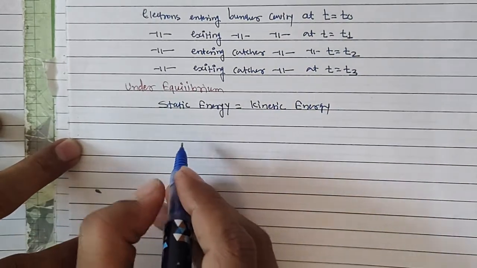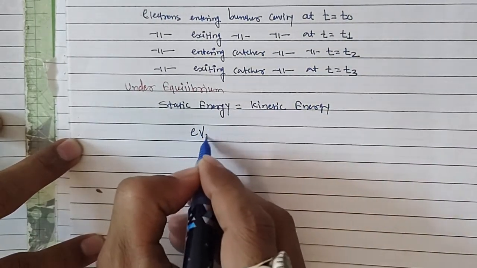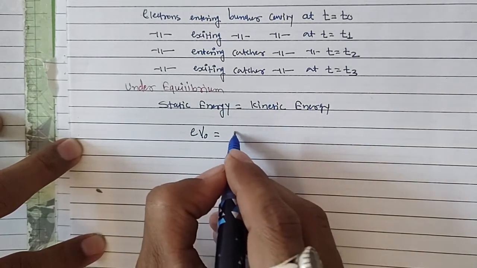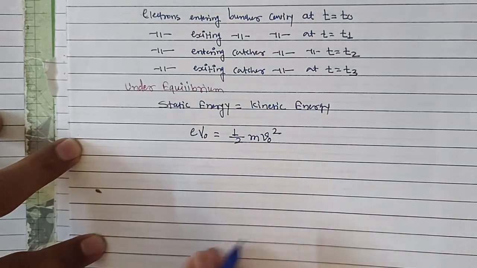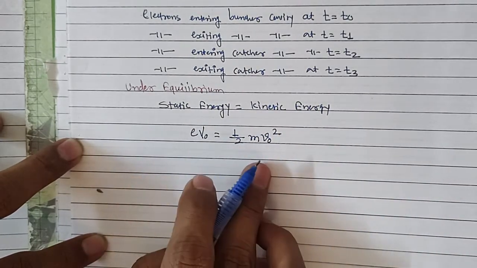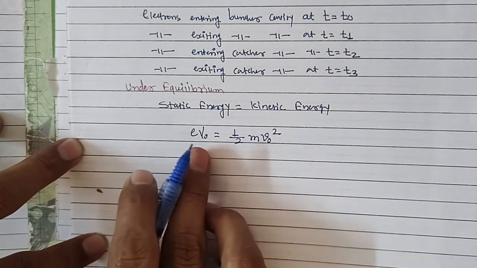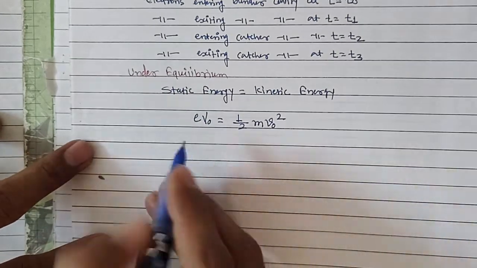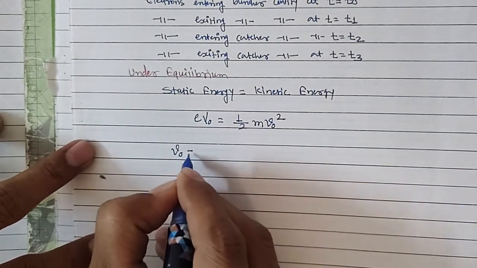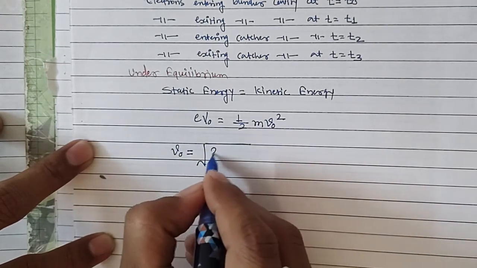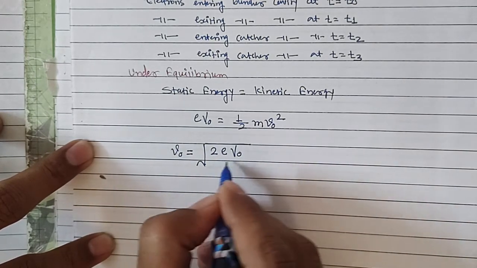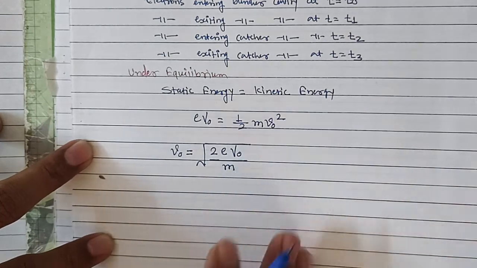Static energy is e into V0, and kinetic energy is half m v square. This is capital V, this is small v. Small v indicates velocity, capital V indicates DC voltage. From this, velocity is equal to under root of 2eV0 by m.